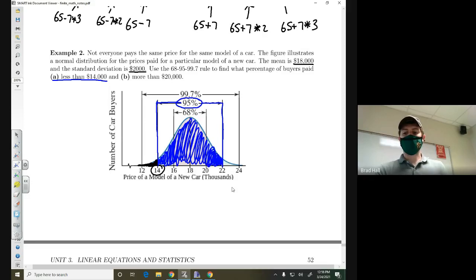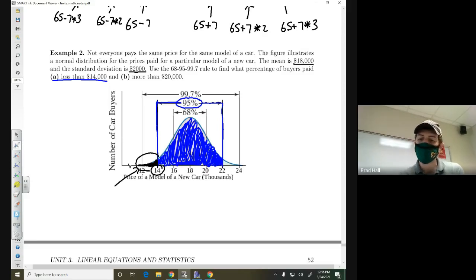That's what this tells us, that this is 95% of the data right here in blue. But we don't want that. We want this part right here, that little sliver of information right there. So we have 95, but we want that part.